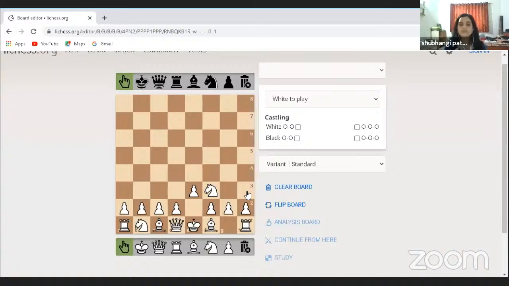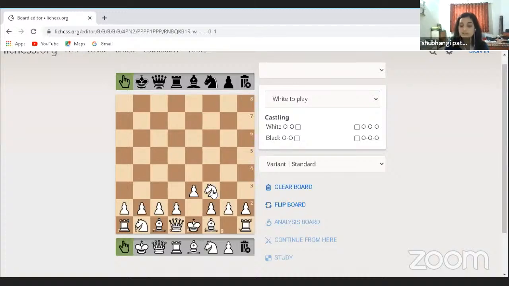Now, this F3 square, how will we come to know that the knight is on that F3 square? So to denote it, we'll write NF3. Okay, the spelling of knight is K-N-I-G-H-T, but why do we not start with K?